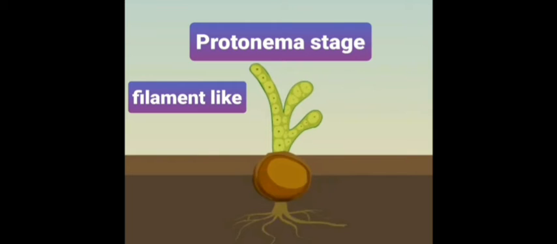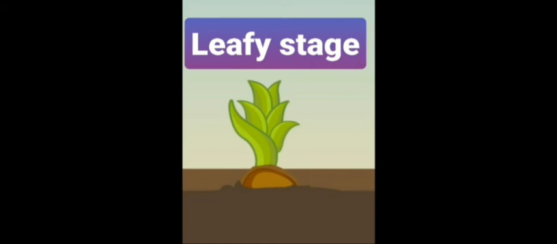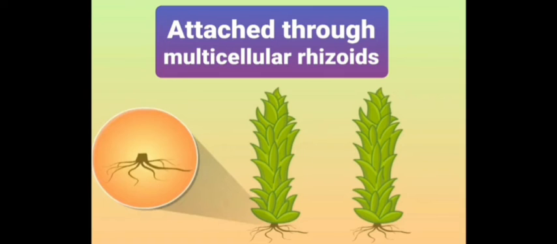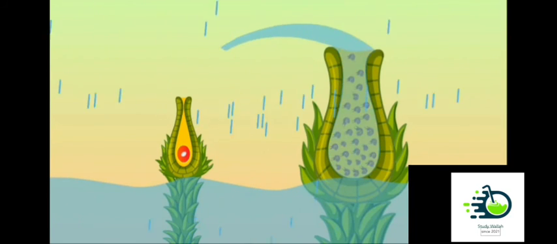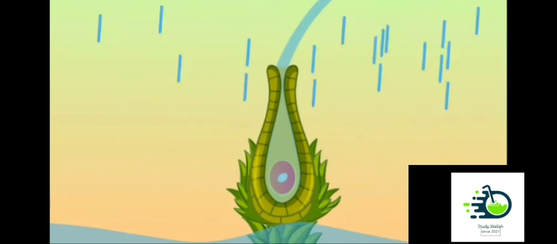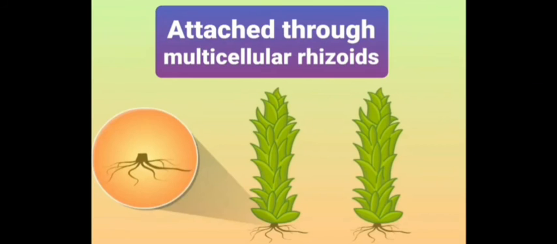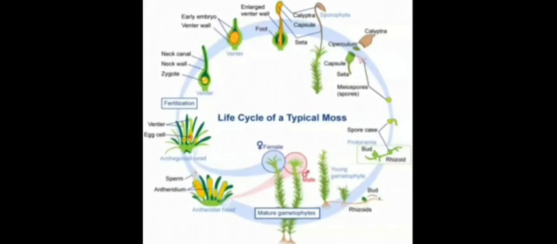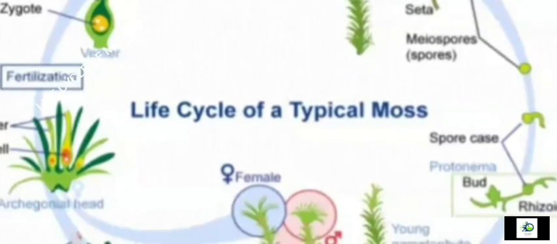I will show the life cycle of moss shortly so you understand clearly. The next stage is the leafy stage, where leaves are produced and attached to multicellular rhizoids.